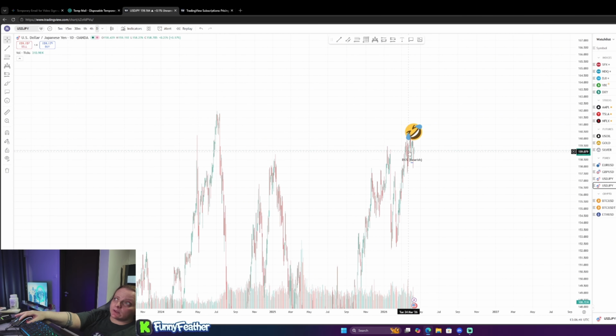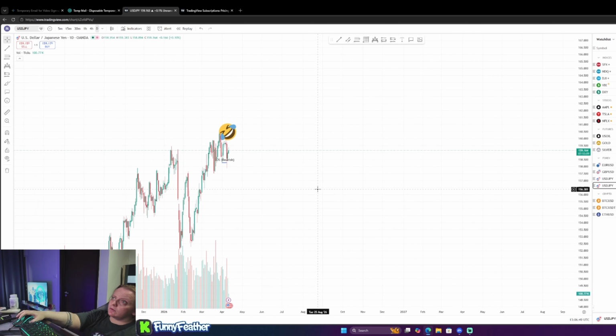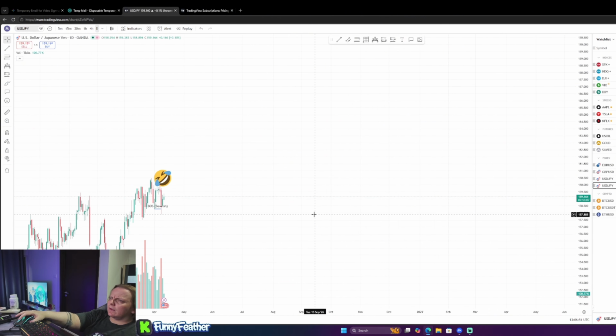Okay, see, in the daily, it is still in the uptrend. But when you go to the lower time frame, it started to turn around. Yeah, so look, head and shoulders pattern. Maybe we have it.